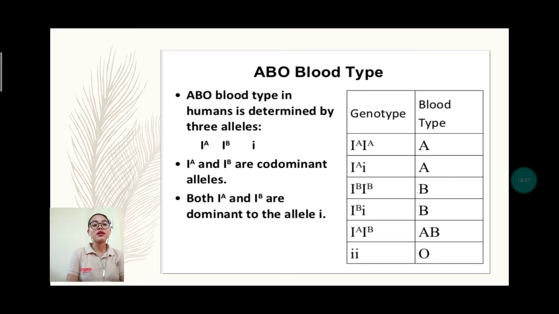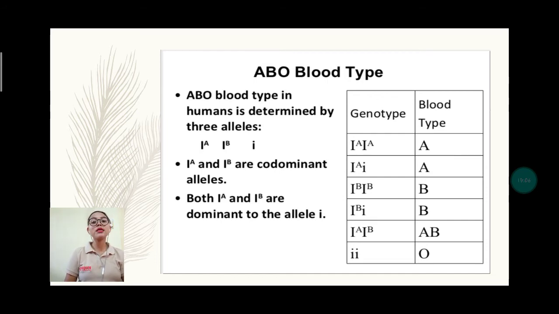When the genotype is I^A I^A, the blood type of a person is blood type A. If I^A and small letter i, same, the blood type is letter A. When the genotype is I^B I^B, and I^B and small letter i, the blood type of that person is B. And lastly, when it is small letter i, small letter i, the blood type is O, while if it is I^A and I^B, the blood type is AB.